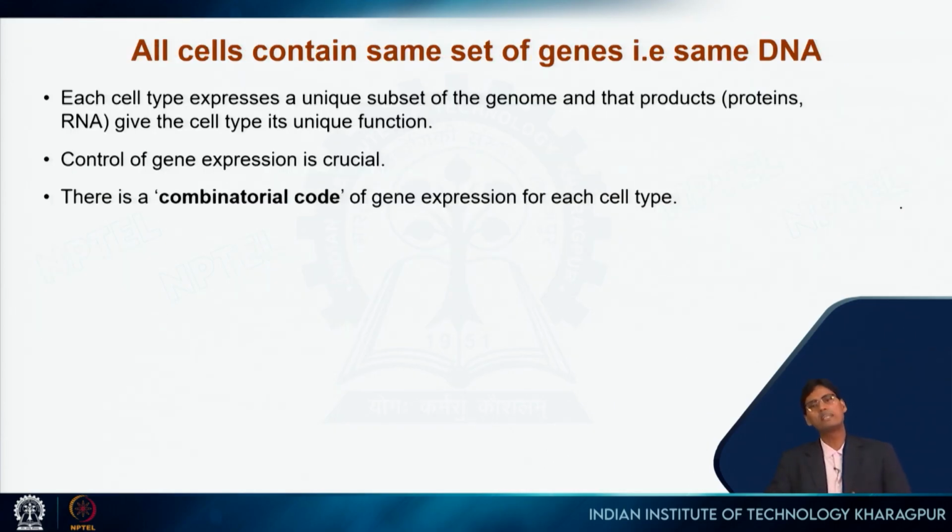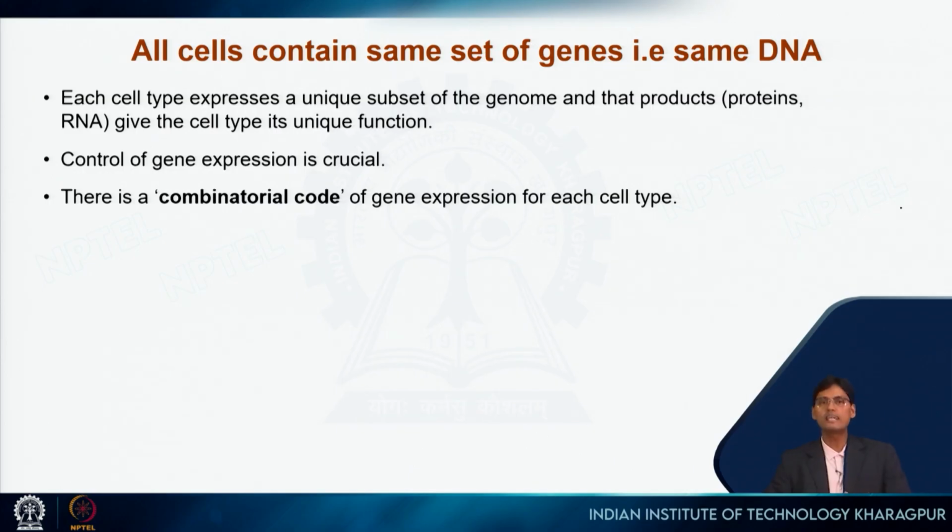Now, why are these things happening? Because we must consider that all those cells, even during the gastrulation process, I told you about three major different types of cells, right? Ectoderm, endoderm and mesoderm. But all those cells have the same set of information. They have the same DNA, right?